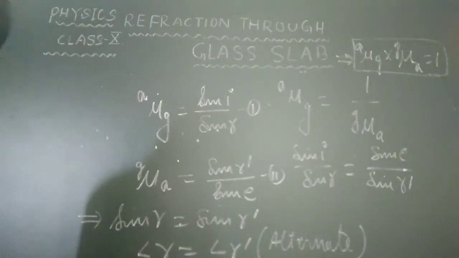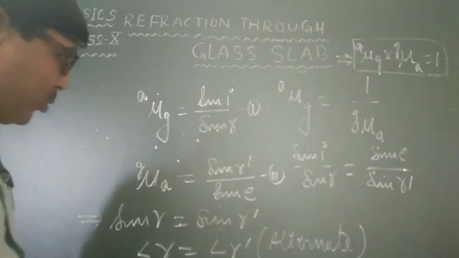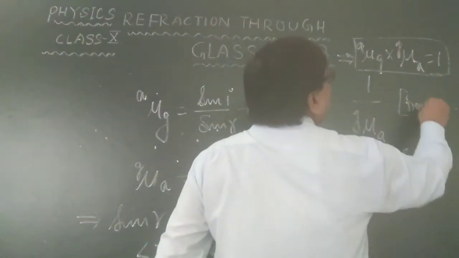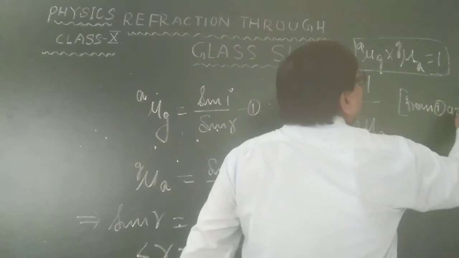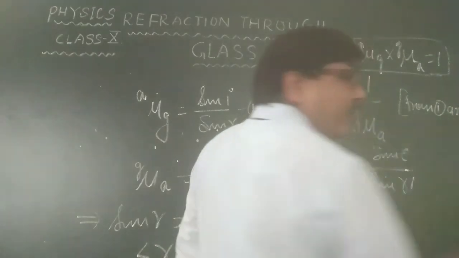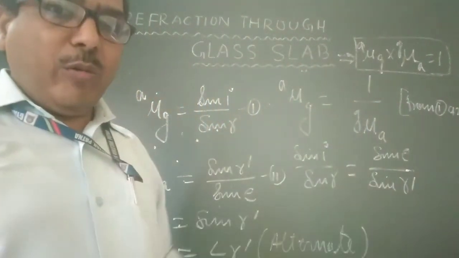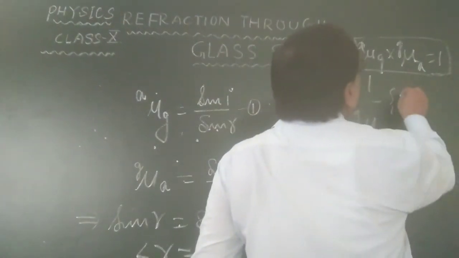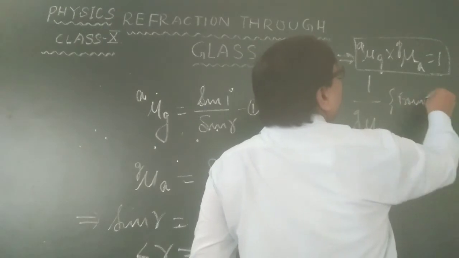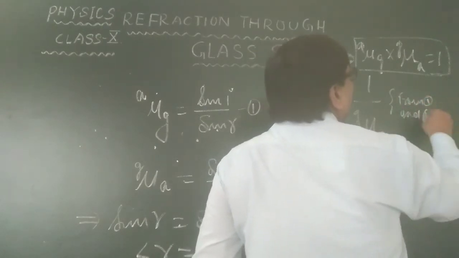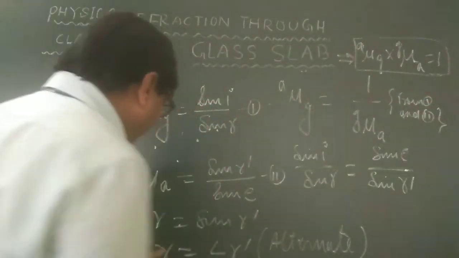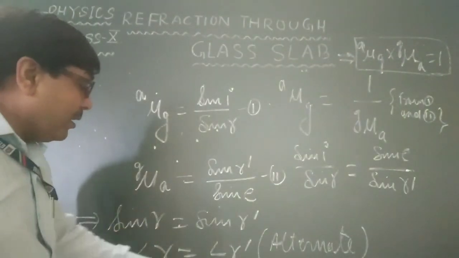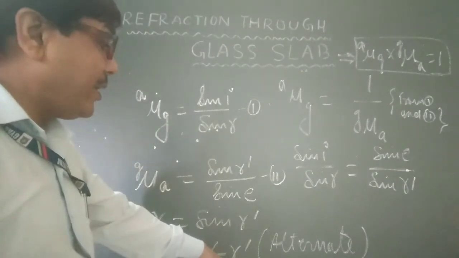So now how can we calculate? Just try to see from equation 1 and equation 2. Here, angle r is equal to angle r dash, alternate angles.